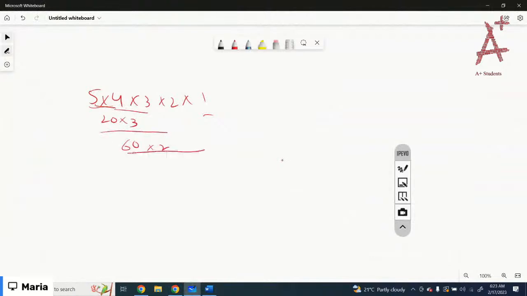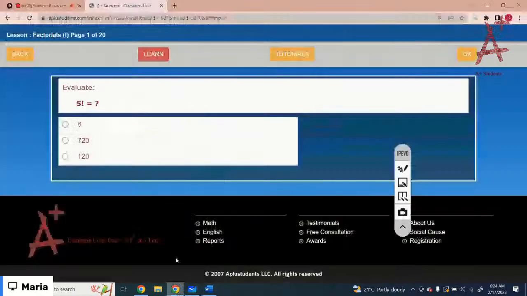And 60 times 2 is 120. And 120 times 1 is 120. That means 5 factorial is 120. Got it? So the correct option is 120.